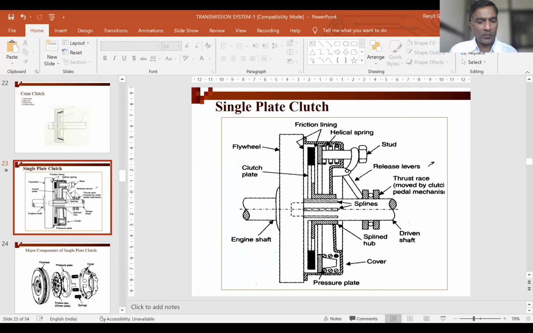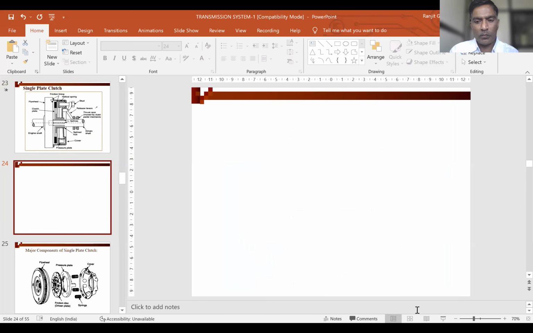So before this, I will try to draw the figure. Okay.